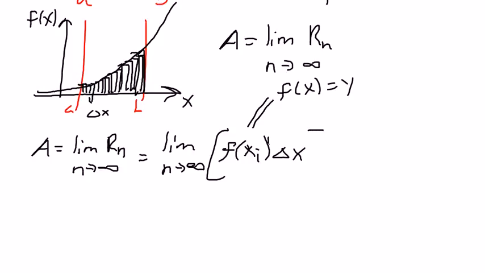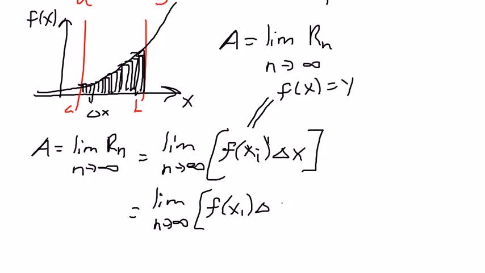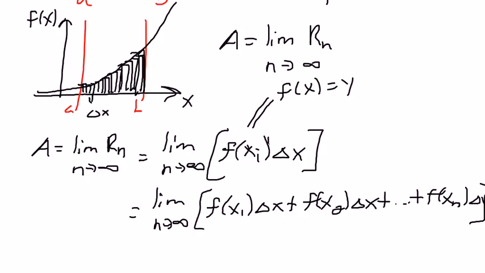Since we're using ith integers, it would look more like this: f of x1 plus f of x2, because you're taking the sum all the way to f of xn, times delta x.